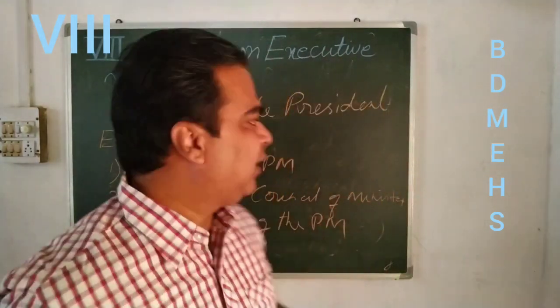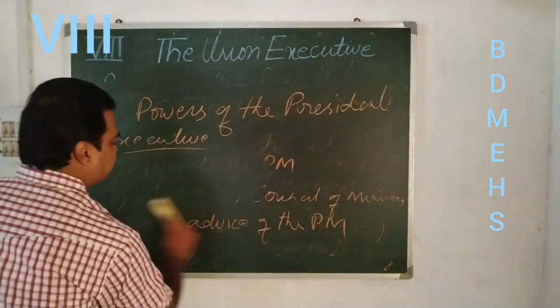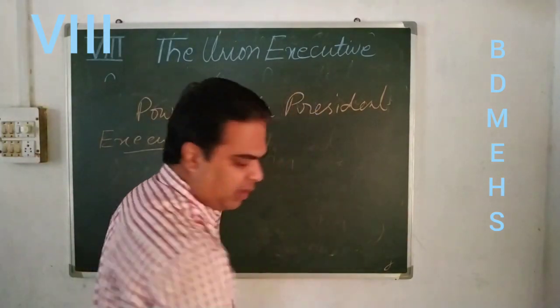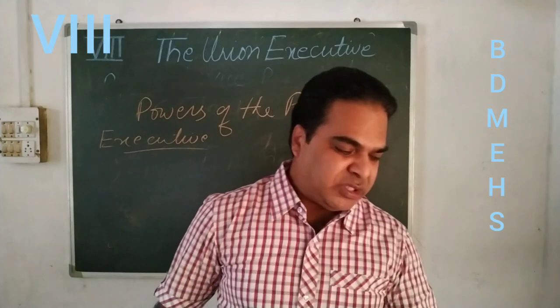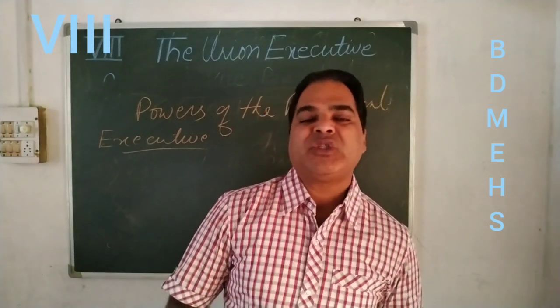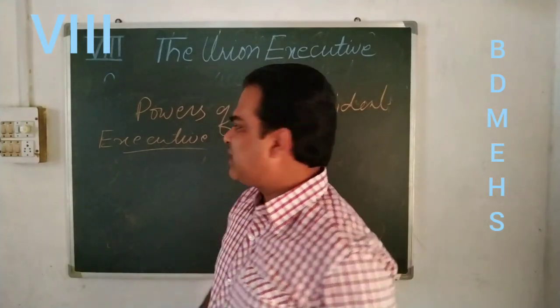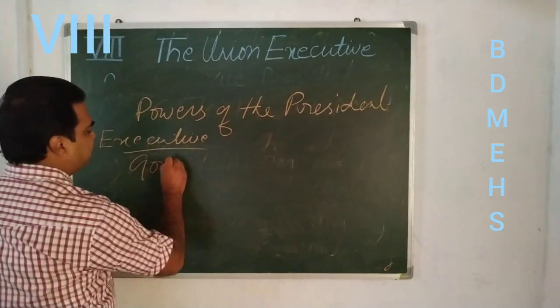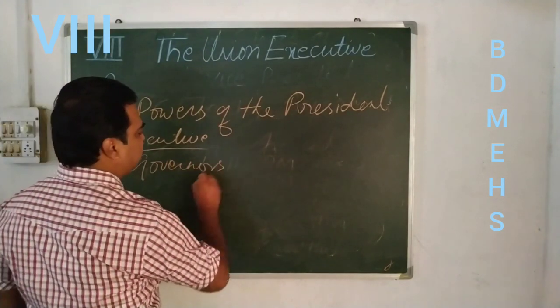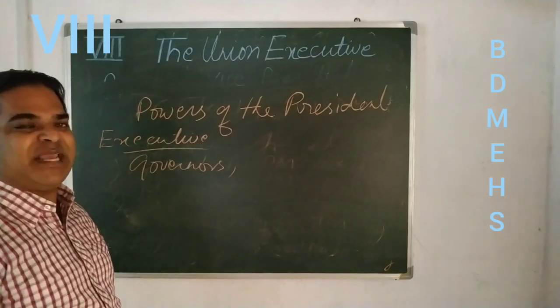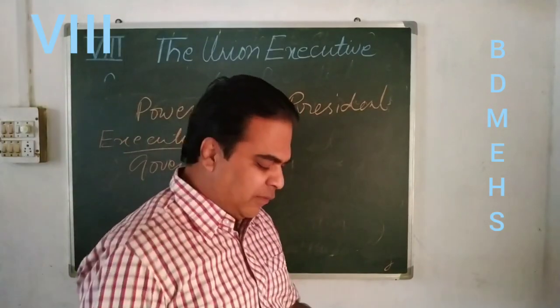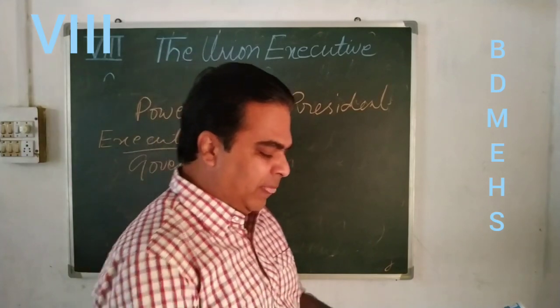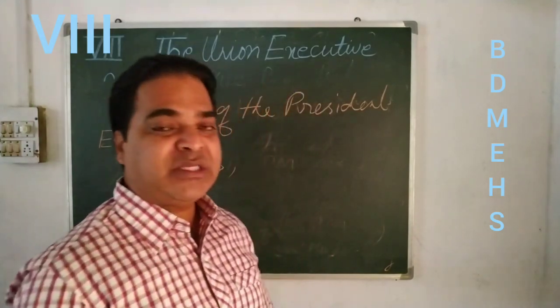Now the next one we have is that the president appoints the state governors. So let me tell you one by one. Governors of the states. Every state has governors. Then the president appoints the judges.